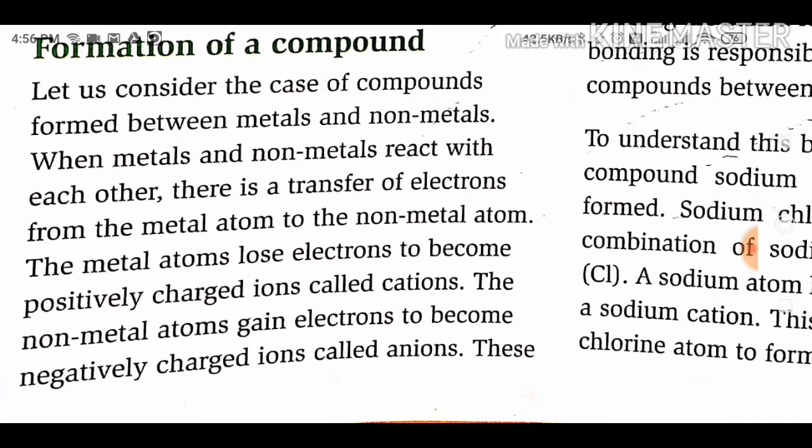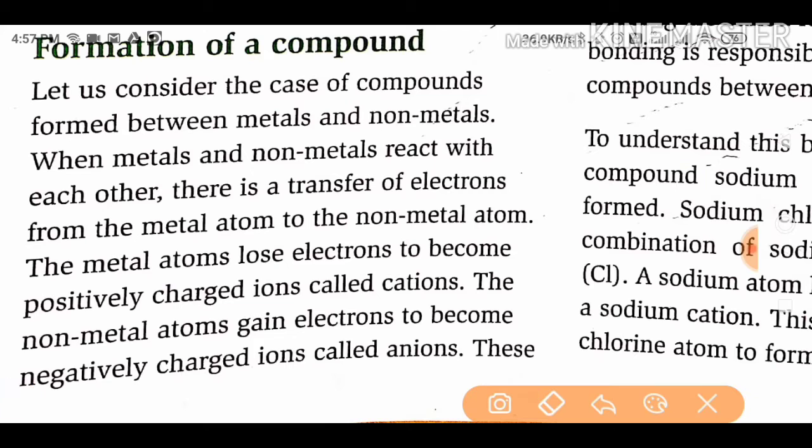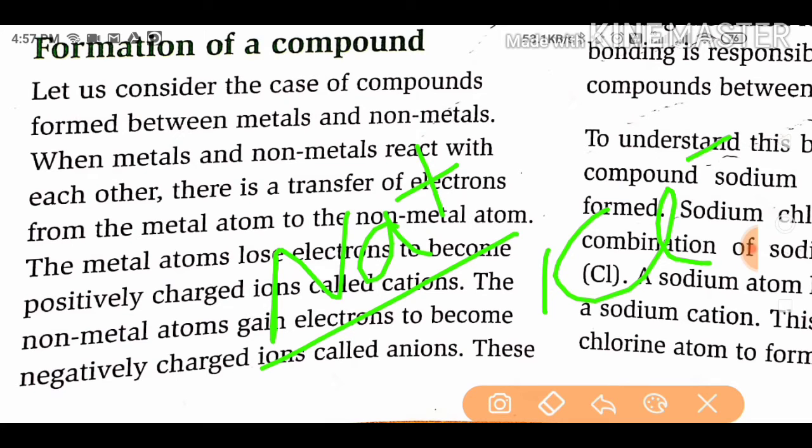In the example of Na, it is a metal and it loses its one electron, so it bears a plus charge, and Cl gains one electron and becomes negatively charged. The positively charged ion is known as a cation and this is an anion.